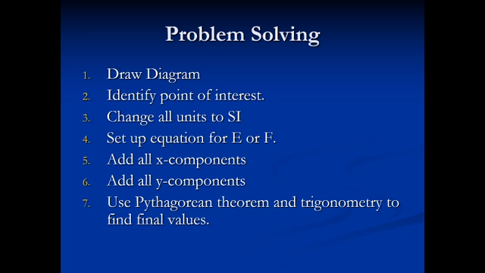Make sure everything's in SI, so all the prefixes go away: millimeters convert to meters and nanocoulombs convert to coulombs, with powers of ten to the minus whatever. Set up your equations, find any x components and y components, then use all of our vector identities to figure out what's going on.